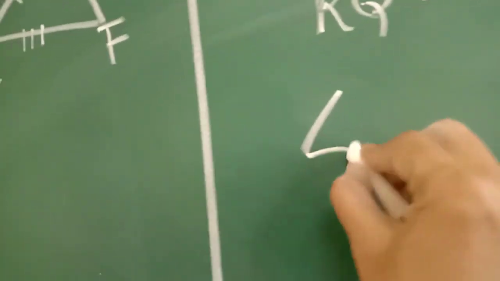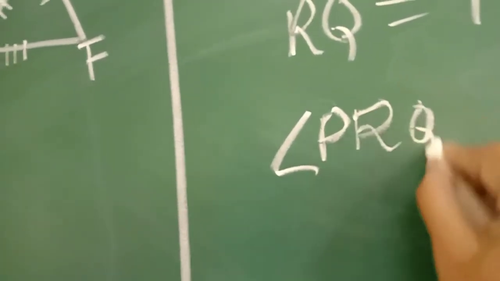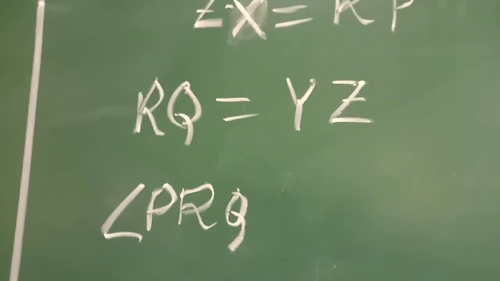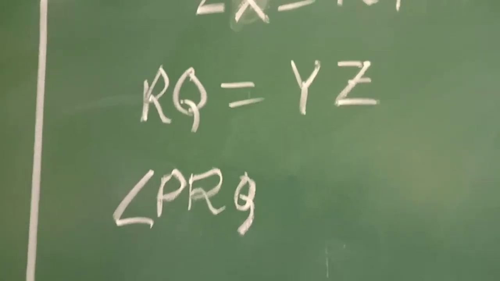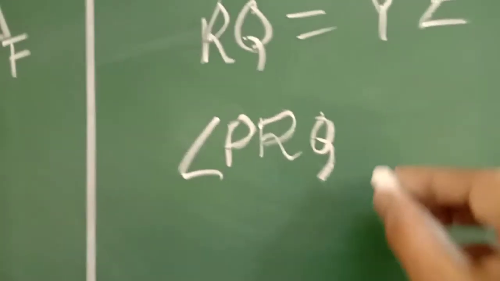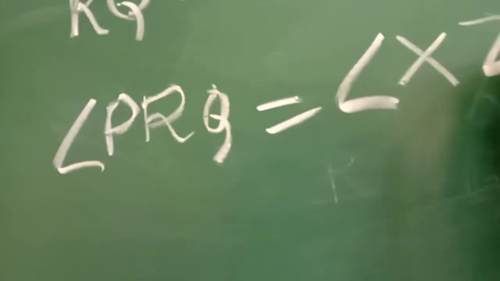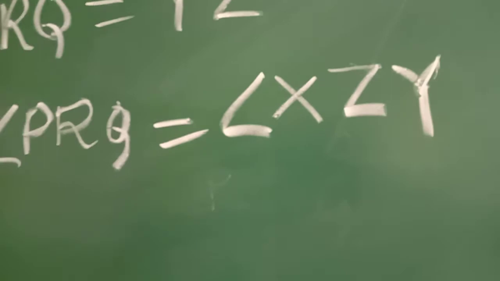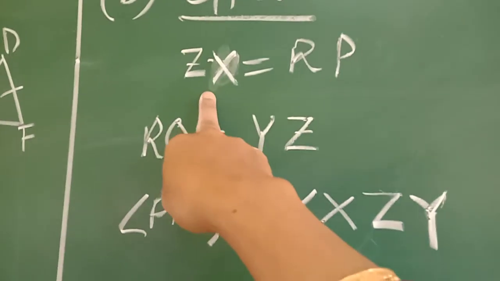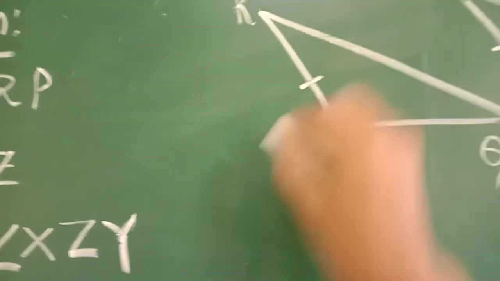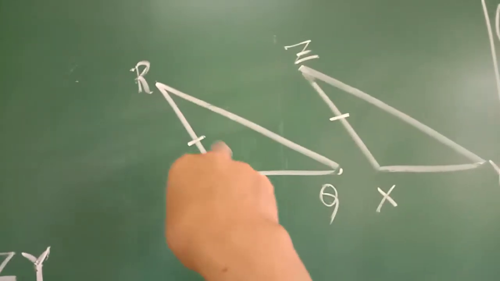And angle PRQ, whatever the clues given in the book, in your question I am writing this only. PRQ is equal to XZY. So what clues are given here? ZX is equal to RP. See the question, ZX is equal to RP.